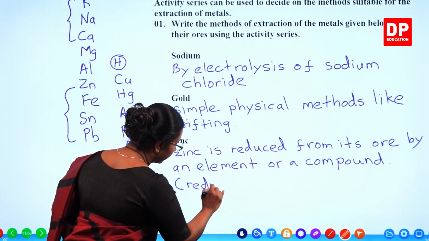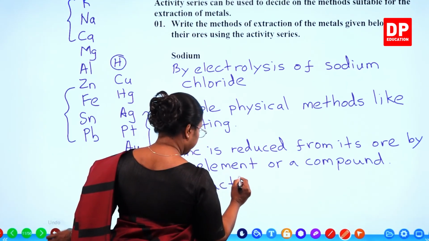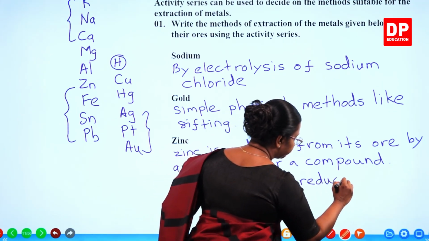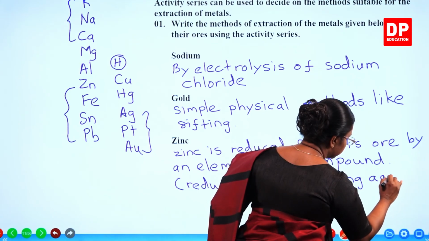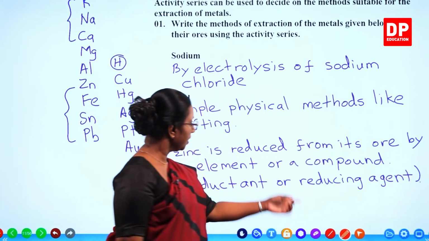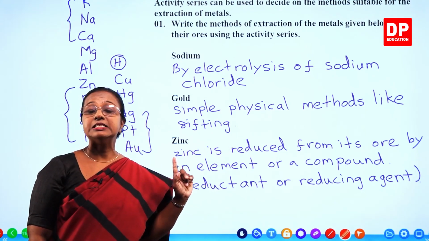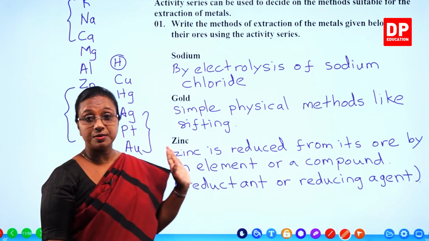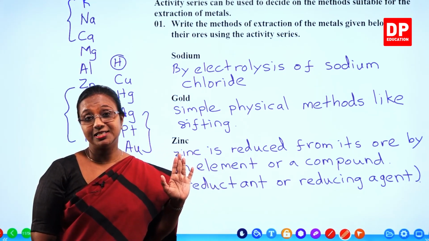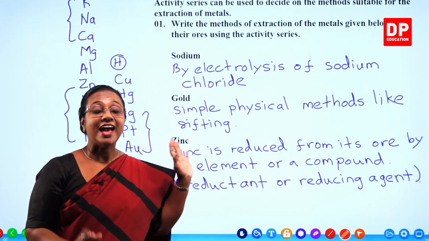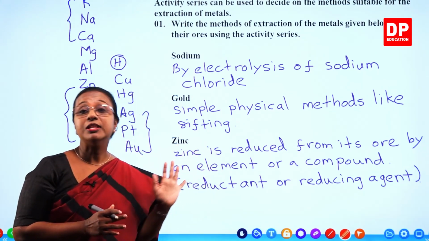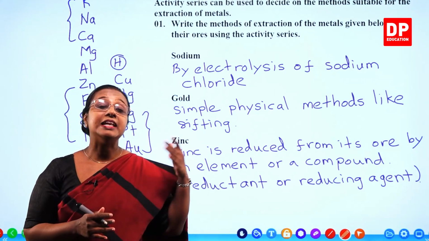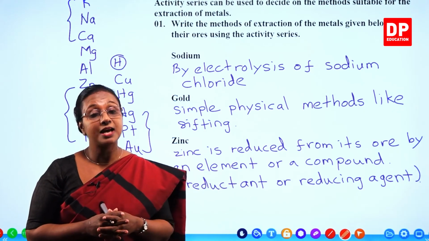It is known as the reductant or reducing agent. So, by reducing the zinc from its ore using an element or a compound. So, those are the methods of separation based on the activity series. So, I am sure you all can understand that. And I am sure, students, you would have written down the correct answers. So, with that, students, I am going to end this chapter and in the next chapter also I will discuss some more extra questions.